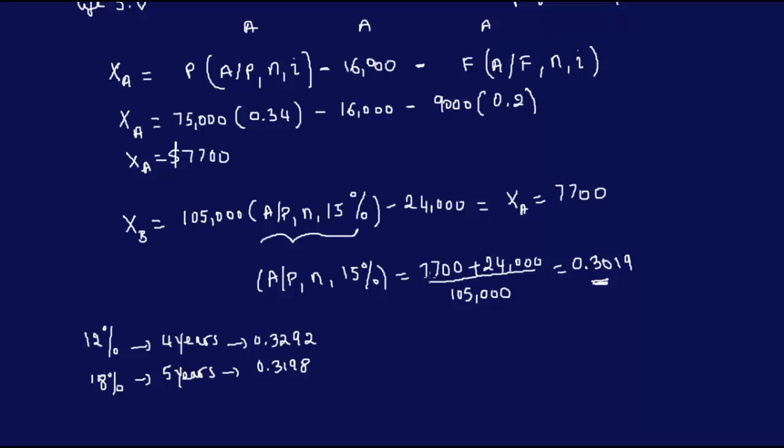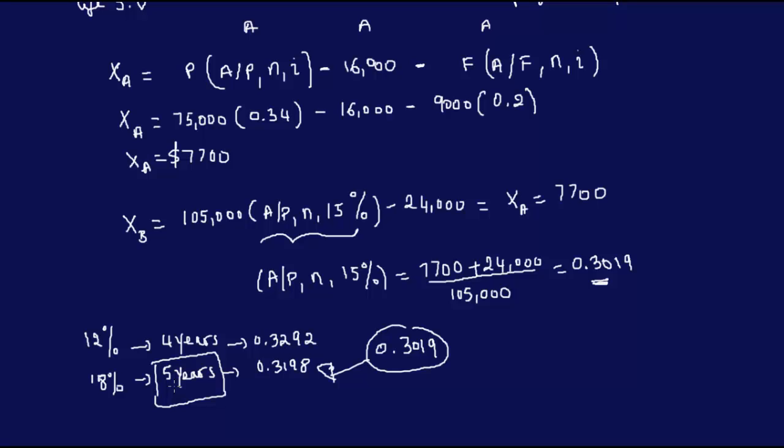Okay, so this particular value over here, 0.3019, is closer to this value over here. So it's closer to this, so I can approximately say that the number of years is going to be approximately 5 years, and I can bet you that in the multiple choice answers, you will have 5 somewhere in there, and you will choose that answer. You see what I'm saying?